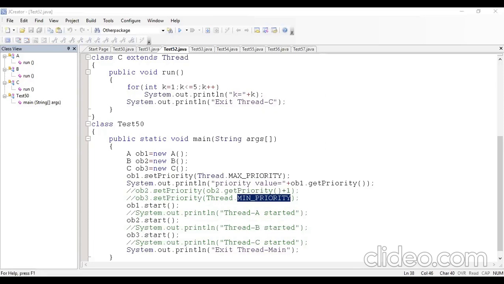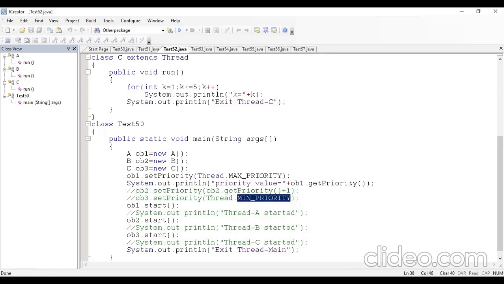It comes into play when the resources are limited. Try to understand. Thread priority doesn't guarantee the execution order because it comes into play when resources are limited.